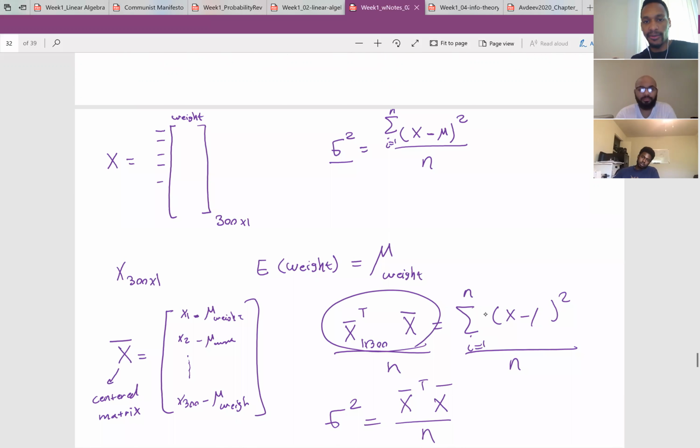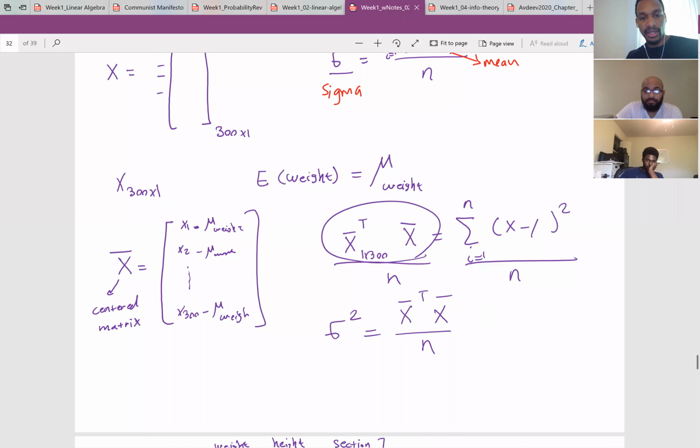So he defines sigma squared, which is like your standard deviation. You have some mean mu, and you have some data x. For each xi, you sum over the xi's minus the mean, divide by n, and you get your standard deviation.